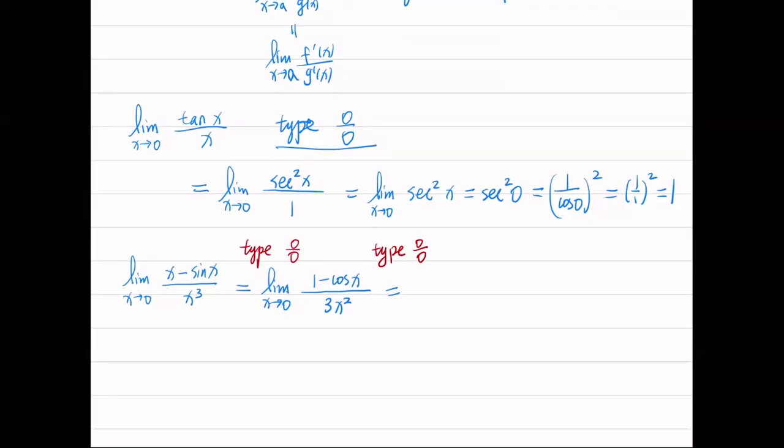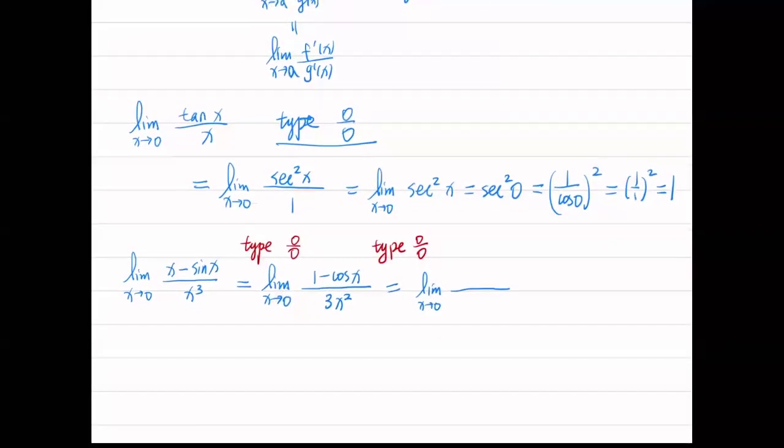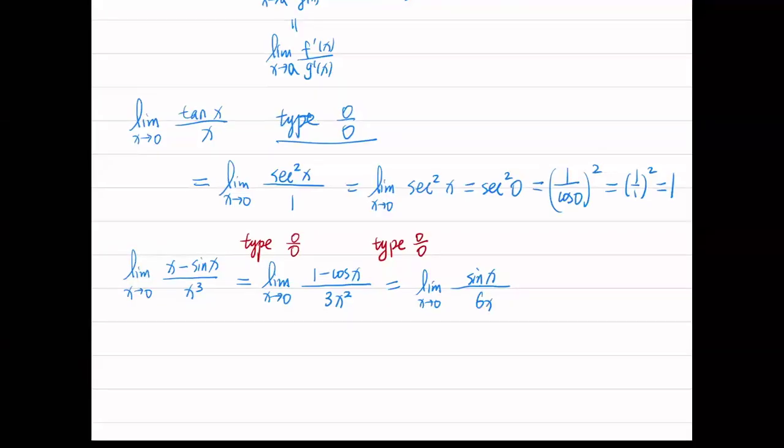So we do the derivative again. Derivative of the numerator: sine x. Denominator: 6x.